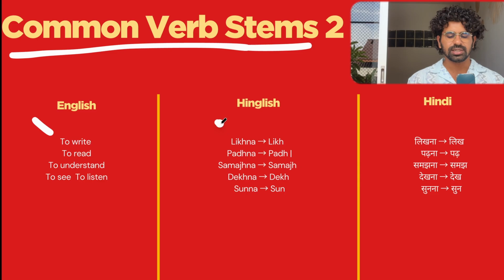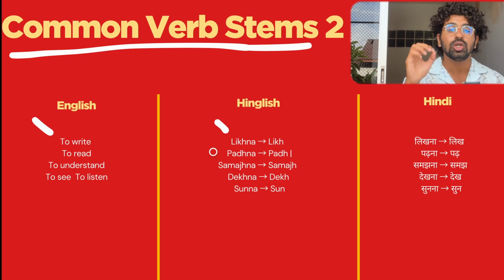For example, to write is likhna, and we remove the na, so we have likh. To read is padhna, we remove the na, we have padh. To understand is samajhna, we remove the na and have samajh. To see is dekhna, we remove the na, we have dekh. And to listen is sunna, we remove the na and we have sun.